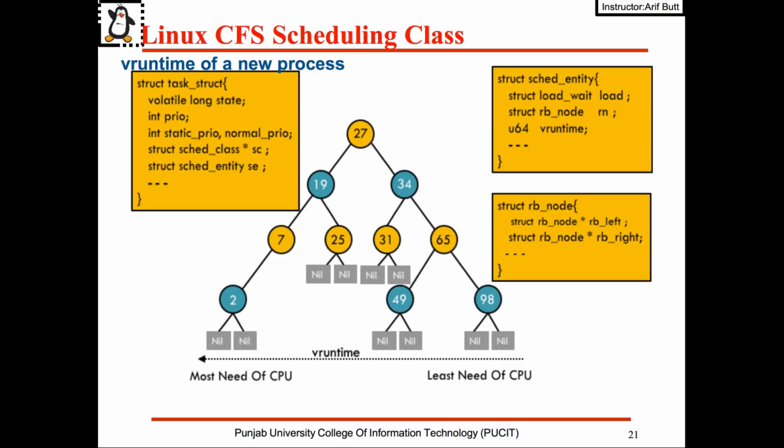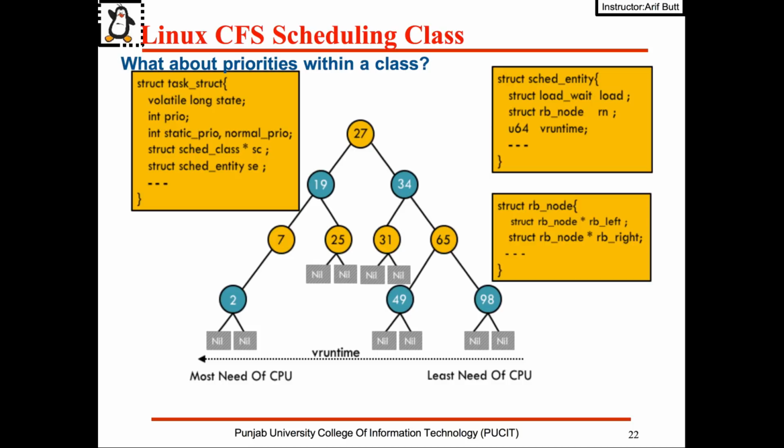The next question that might come to your mind is, what about priorities within a class? Well, dear students, CFS does not use priorities directly, but uses them as a decay factor of the vruntime. Let me repeat it again.